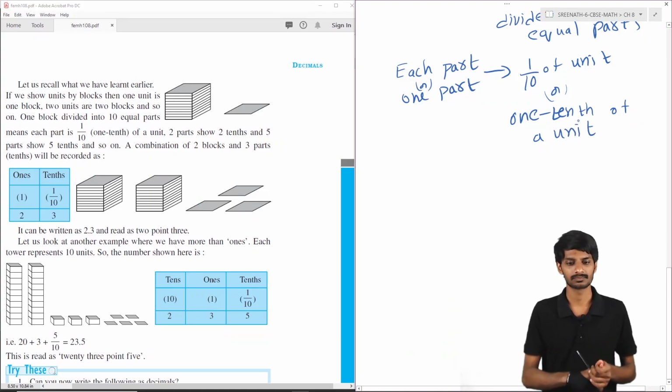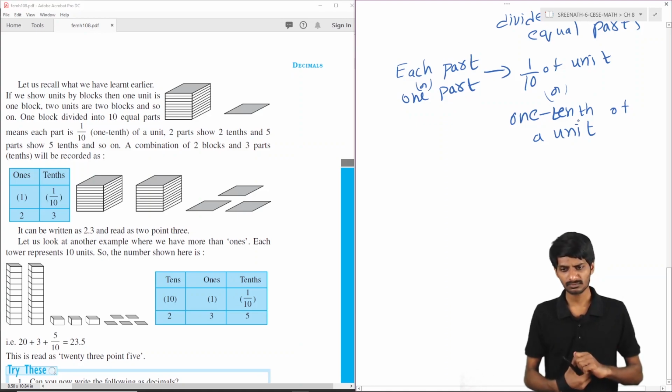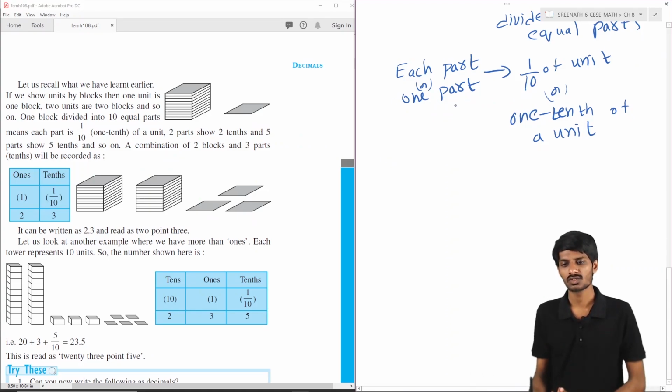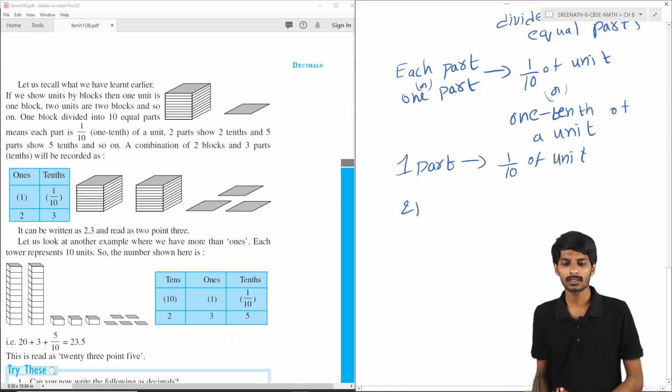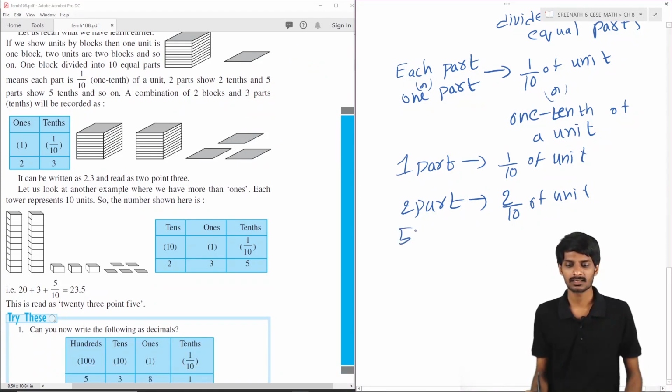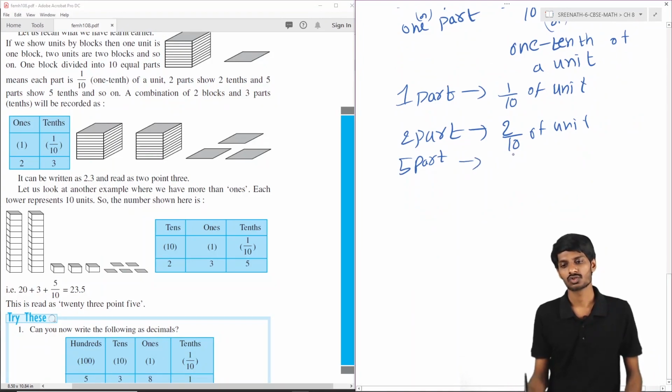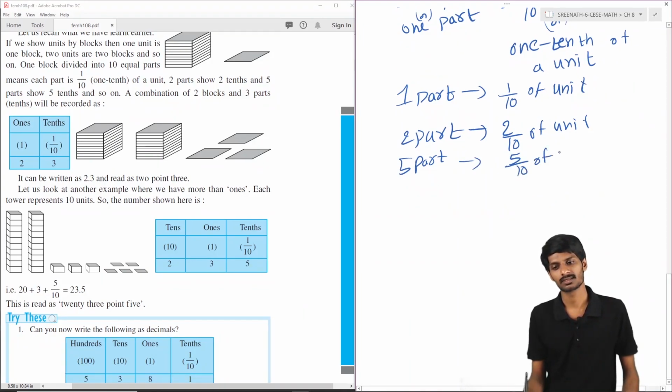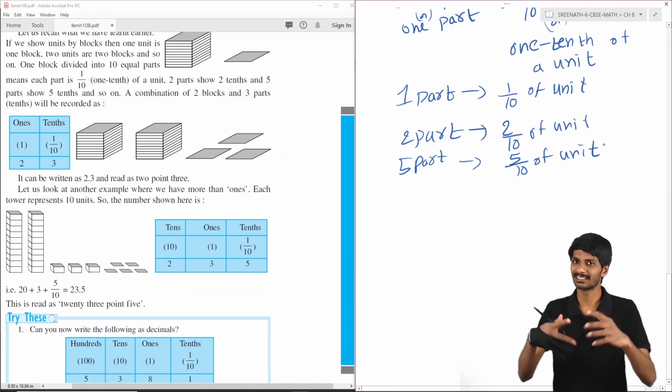Okay, friends. So this is for 1 part. So finally 1 part shows 1/10 of a unit. So 2 parts shows what, students? That is 2/10 of a unit. And similarly 5 parts shows 5/10 of a unit, like that, students.